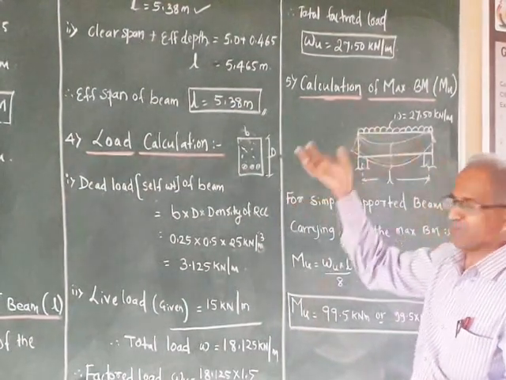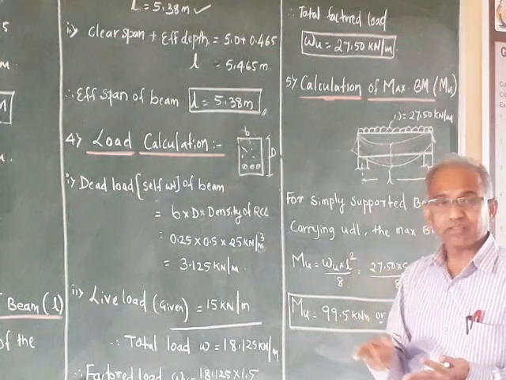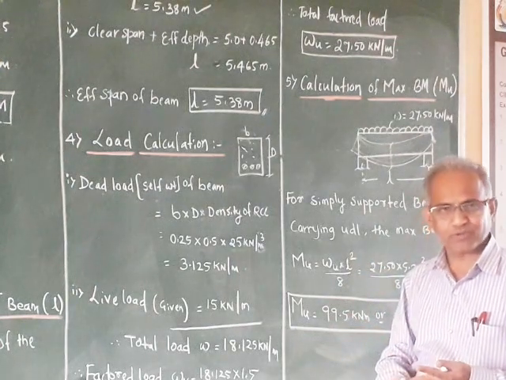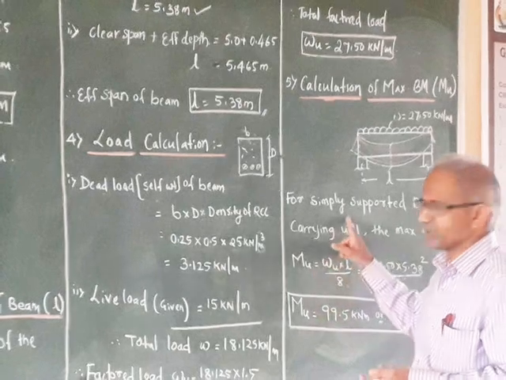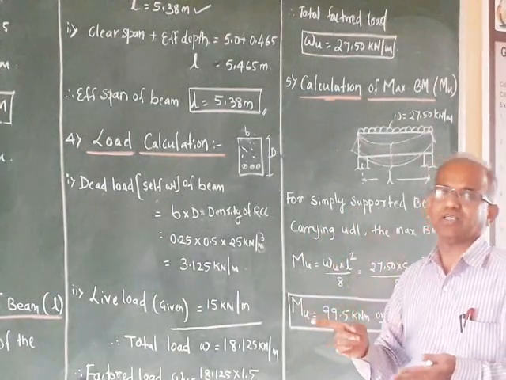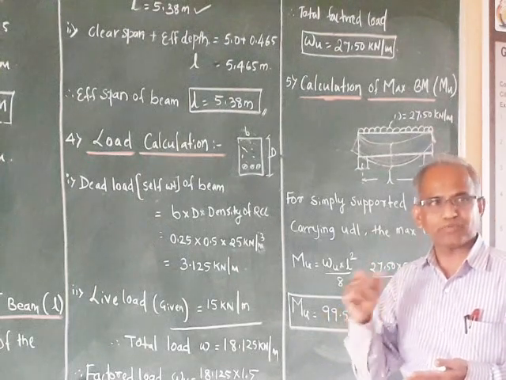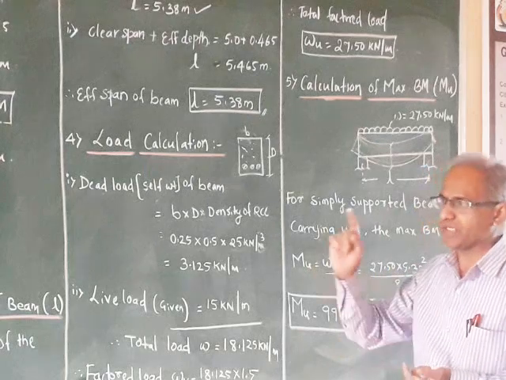Then the next step is calculation of main steel, then calculation of shear reinforcement, check for the deflection, and lastly the longitudinal section and cross section we are going to draw, to show the reinforcement provided in the beam.